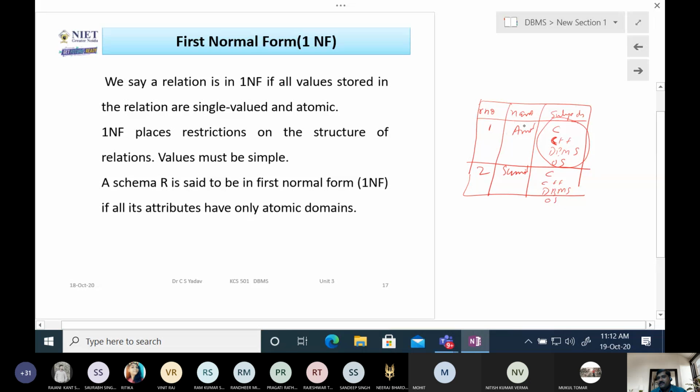But for a good database design, we have to create 3 columns: first name, then middle name, and then last name. And then you can say that this table is in first normal form. But if we keep first name, middle name and last name in a single column, we will still assume that this is the atomic value. So if you create a table through SQL, by default that is in first normal form. Did you get the philosophy of first normal form?